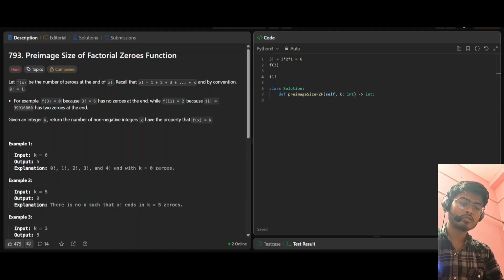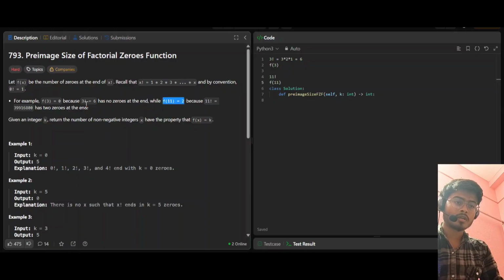So f of 11 is equal to 2, because the value of 11 factorial is 39,916,800. That is why there are two trailing zeros, and our answer for f of 11 is 2.